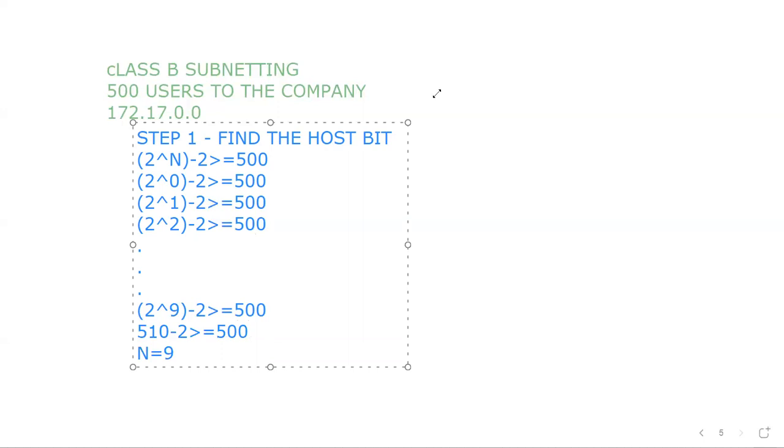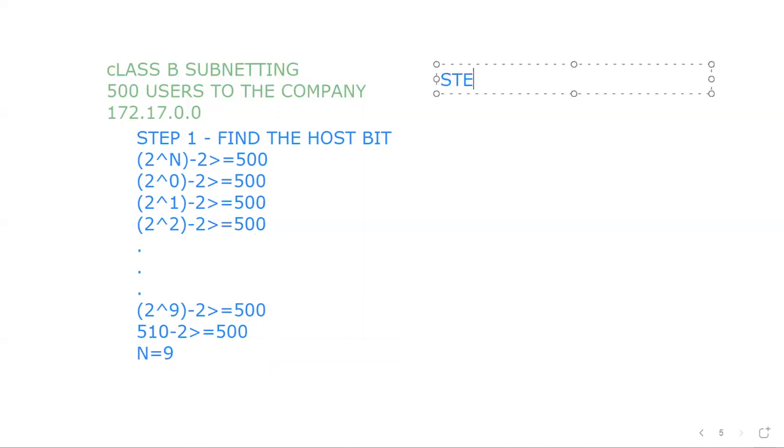Then our second step, step 2, convert DSM to CSM, default subnet mask to custom subnet mask.